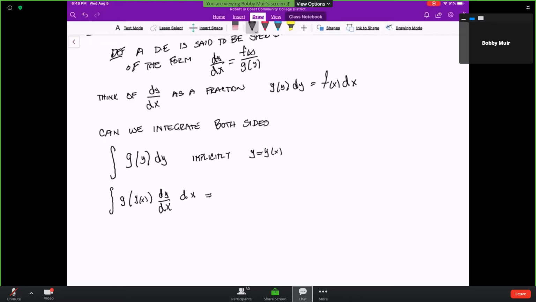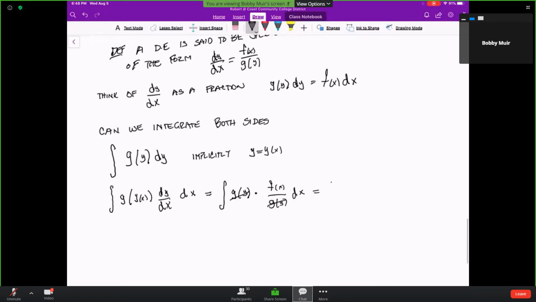Now the dy dx piece that was given to us above is f of x over g of y dx, and then these things cancel, and what you end up with is the integral of f of x dx.